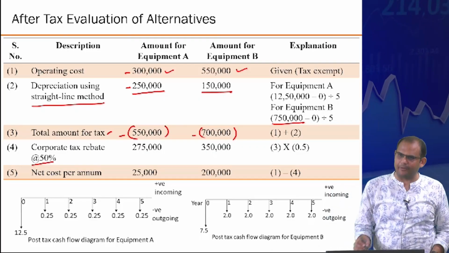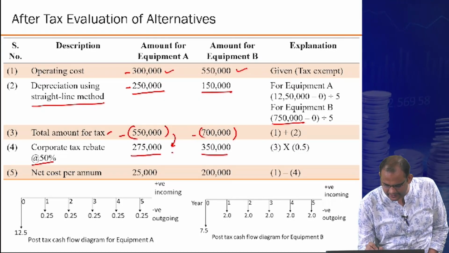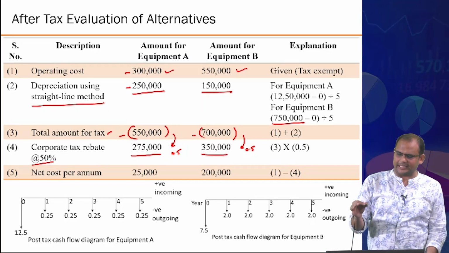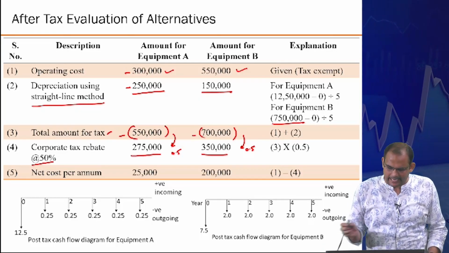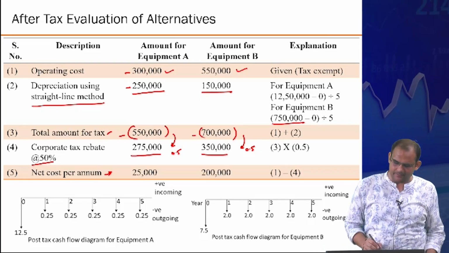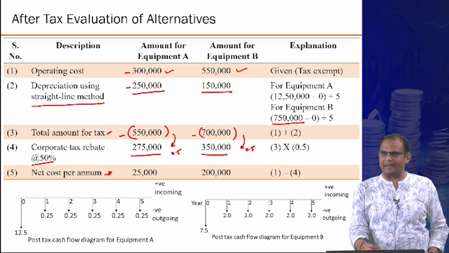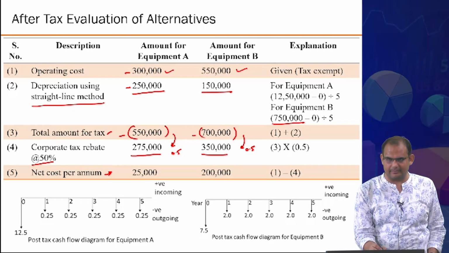Since you are dealing with a 50% rate, the actual tax benefit is 50% of this amount. This is a very crude example just to give you concepts of what is happening, what is not happening. And then the net cost per annum becomes this amount minus the tax benefit that you have gotten, because tax benefit is a positive.